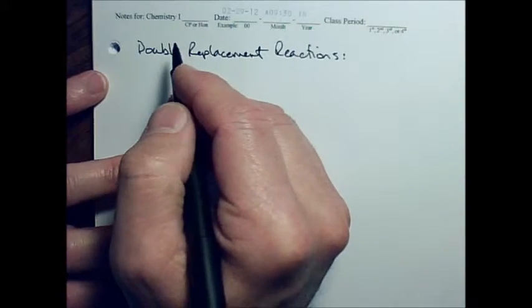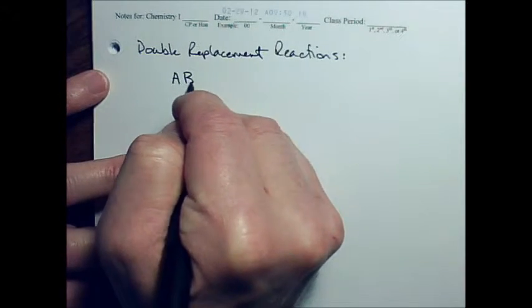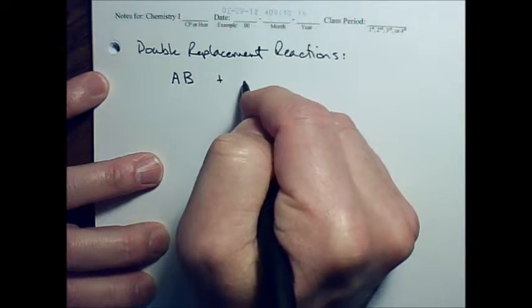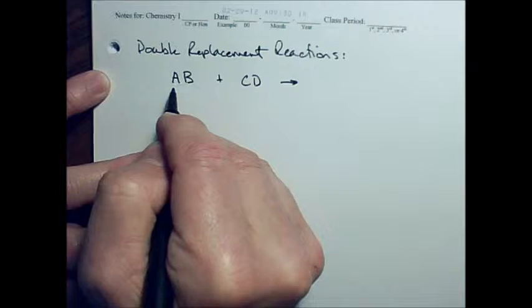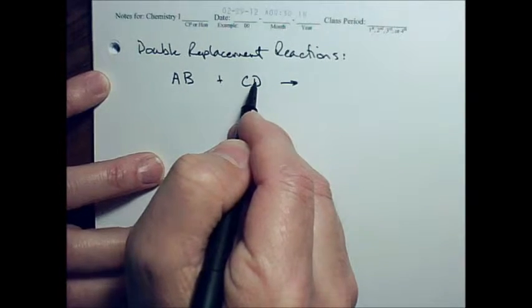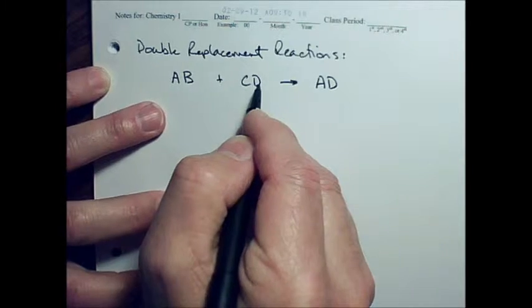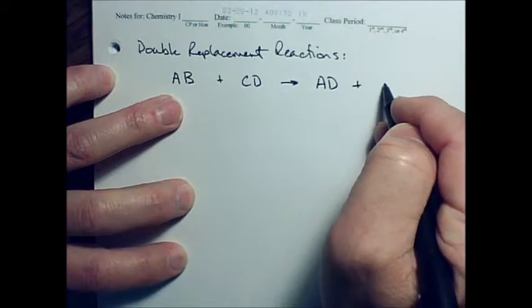All right, double replacement reactions. If we could give a general form for double replacement, we could say we have some chemical that's in two parts like A and B, and another chemical that's in two parts like C and D. And so A has to join up with D. The front part of this always joins with the back part of that, and the front part of this always joins with the back part of that.